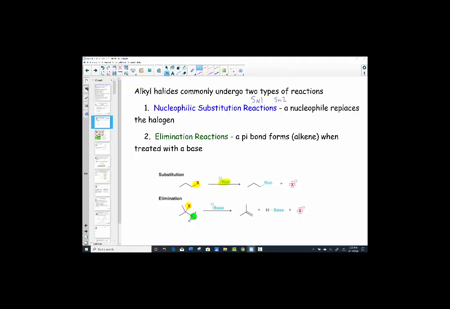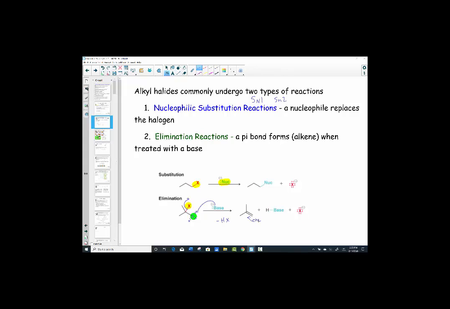So the hydrogen and the X are going to be leaving. An elimination is thinking about minus HX, where the base is going to take off a proton. The halogen is then leaving, and then the bond collapses, and we end up with an ene, a double bond.